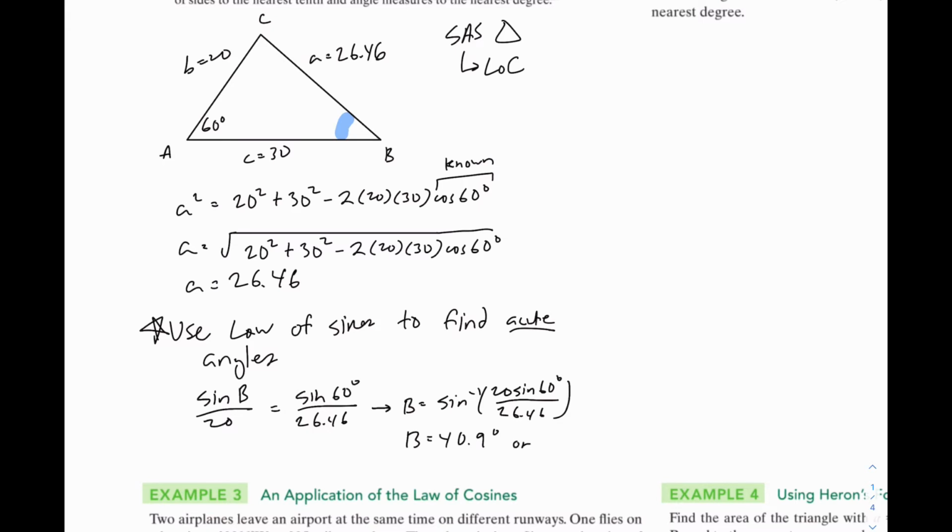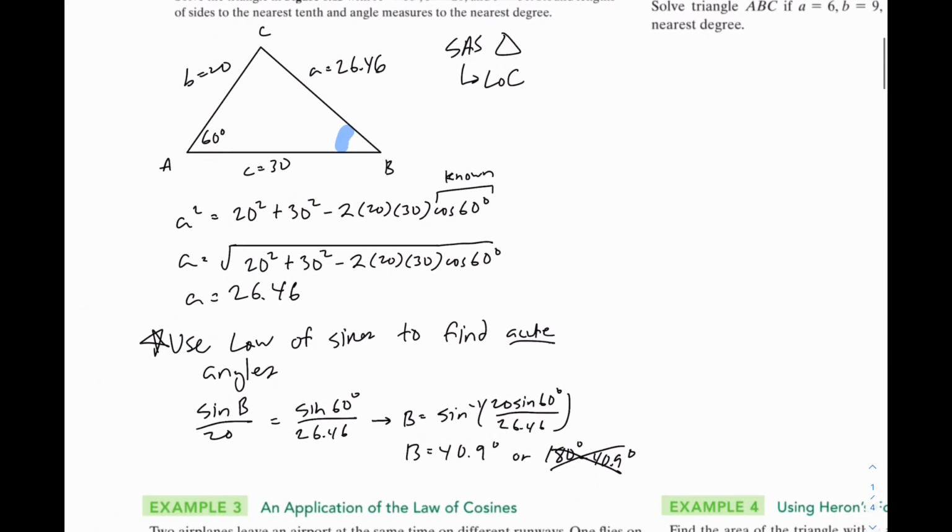Now, again, last class we always had to do this, 180 minus the other answer given, but this is not necessary because we know that this has to be an acute angle. So that's how we're finding the acute angle, because we have to take one that must be acute.